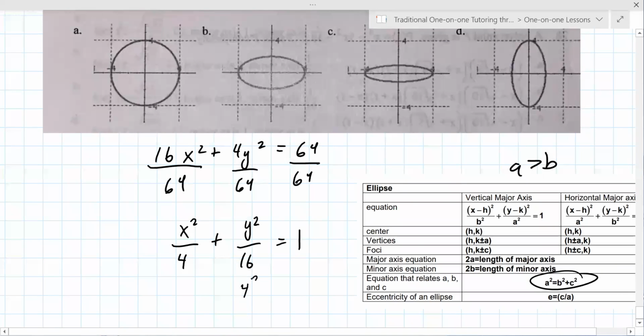So A is really 4 squared, and that's 2 squared, and that means it's a vertical major axis. So that means it's either D or A. A looks a lot like a circle, so we could probably just go with D. If you just looked at the numbers 4 and 16, you would get it down to B or D anyway. So you still need to know the difference between vertical and horizontal.